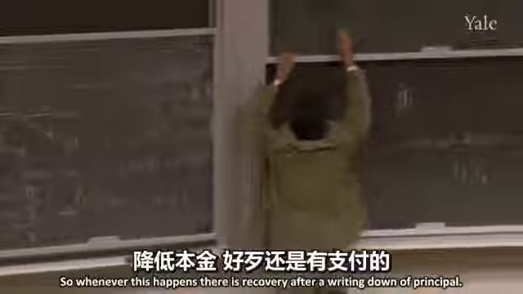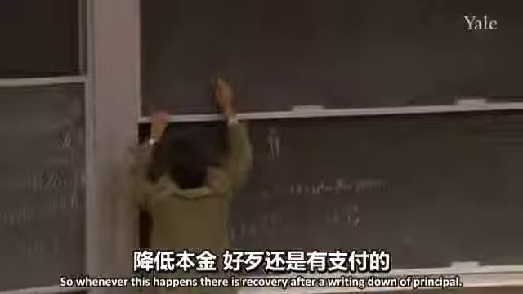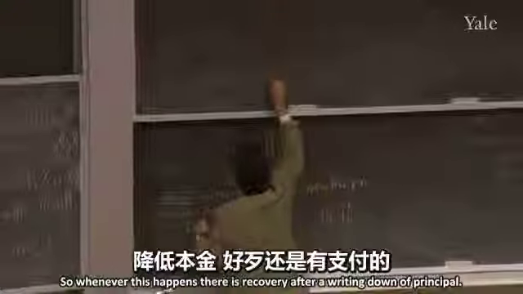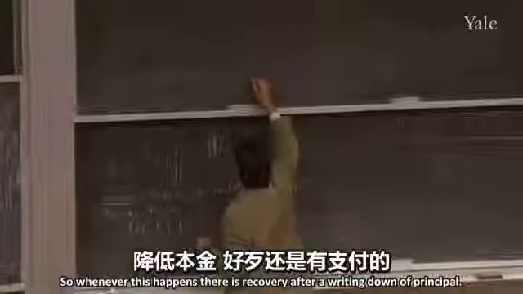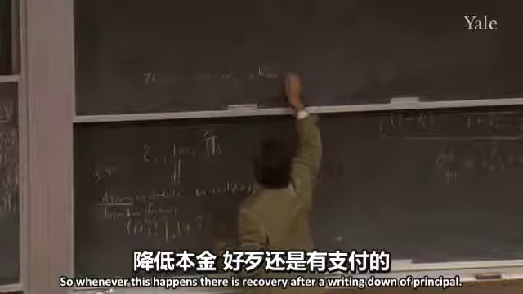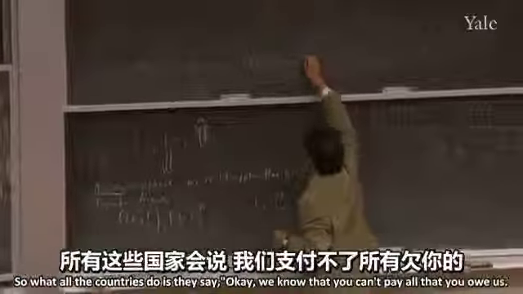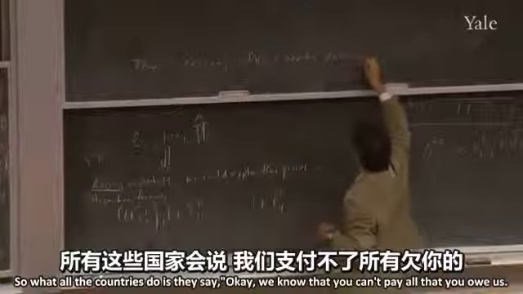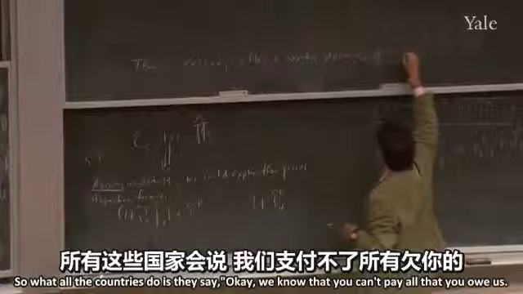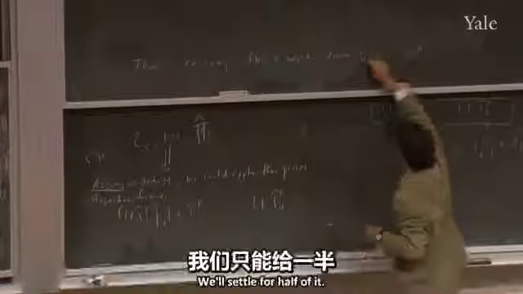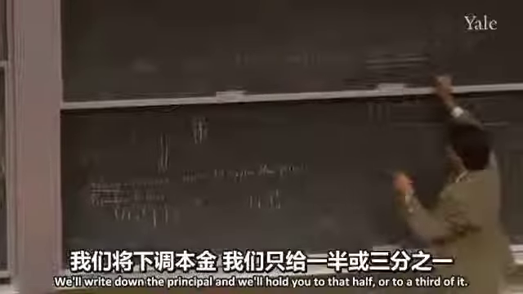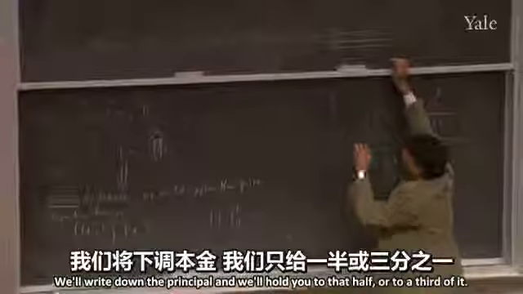So whenever this happens, there is recovery after a writing down of principal. What all the countries do is they say, okay, we know you can't pay all that you owe us. We'll settle for half of it. We'll write down the principal, and we'll hold you to that half, or to a third of it.